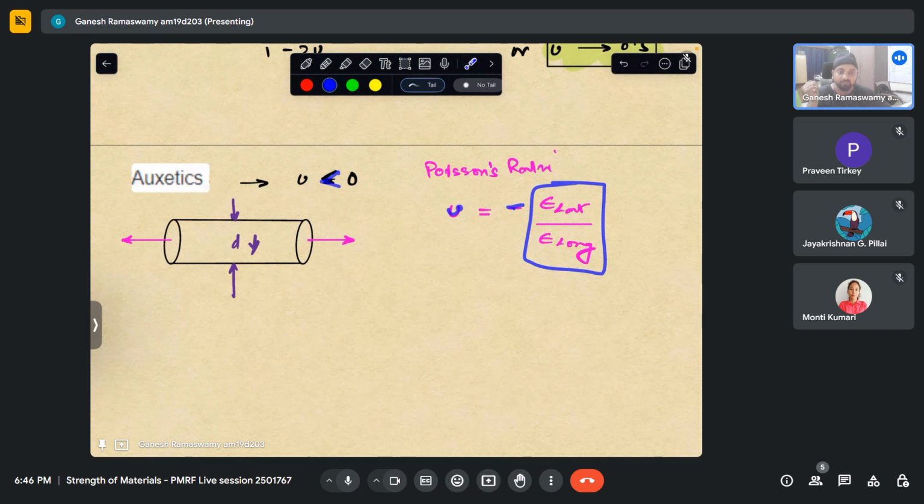What this means is, for certain class of material, when we pull it along one direction, the dimension also increases along the other direction instead of decreasing. So those materials are called auxetics, and these are extensively being used in biomedical applications. For example, as it is discussed in the lecture also, we place stents inside the bloodstream.